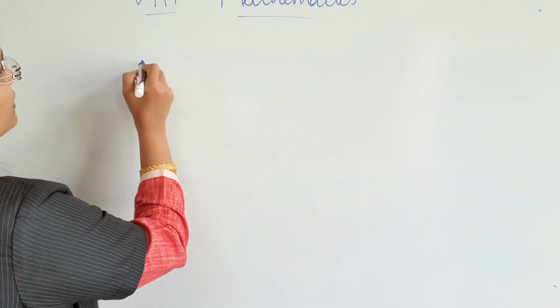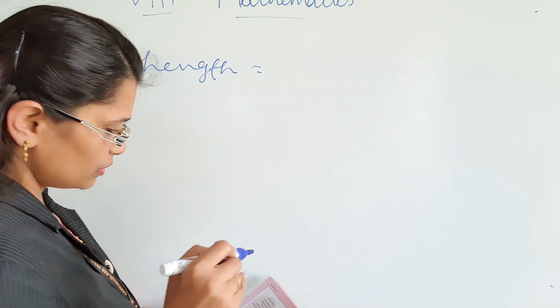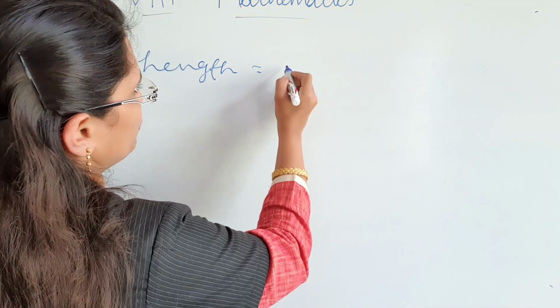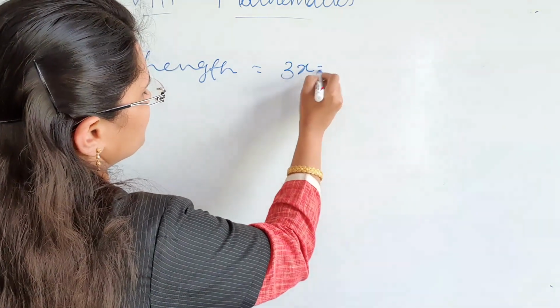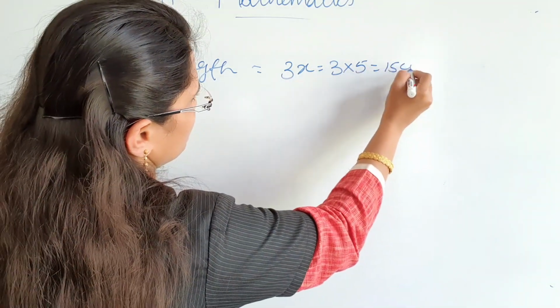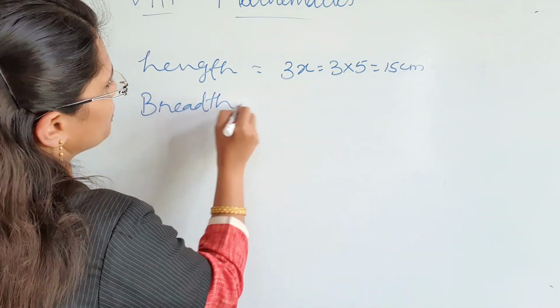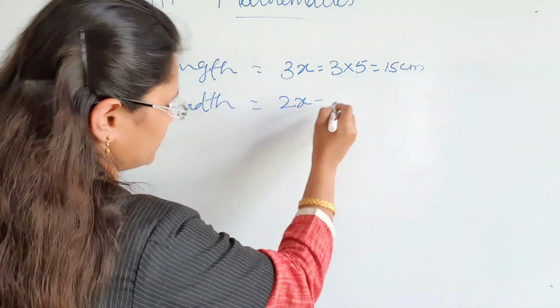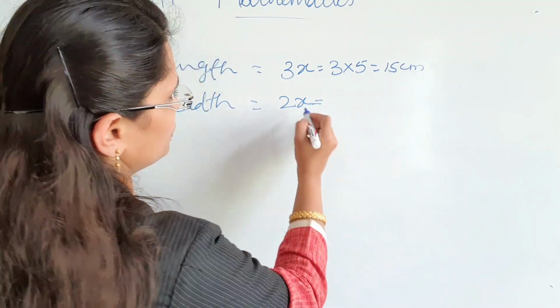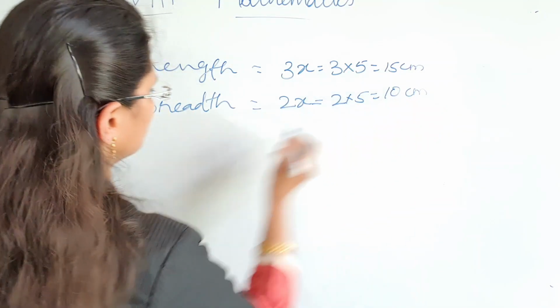So length, the ratio is 3:2:5. So 3x is equal to 3 into 5, so 15 centimeter. Breadth is equal to 2x, so 2 into 5 is equal to 10 centimeter.